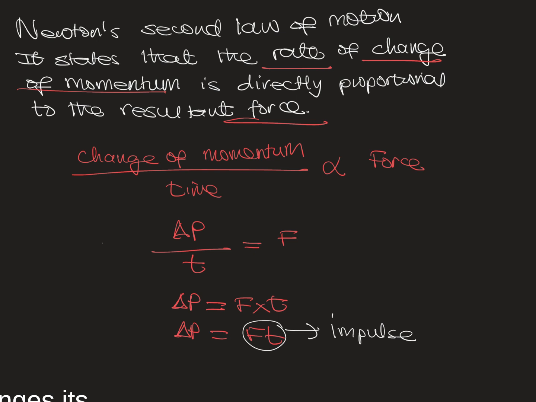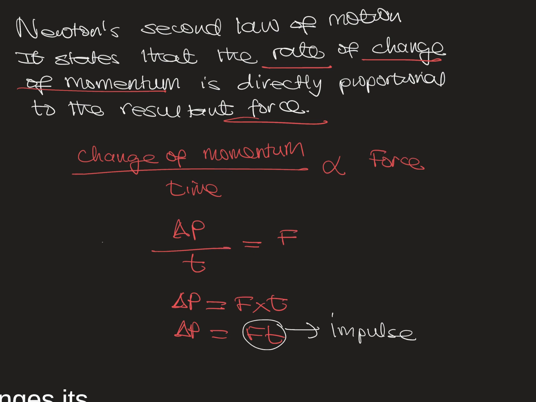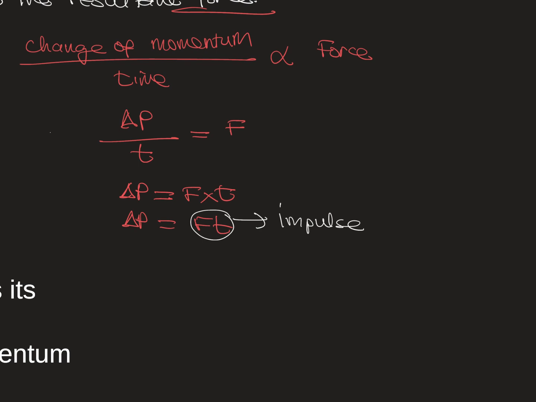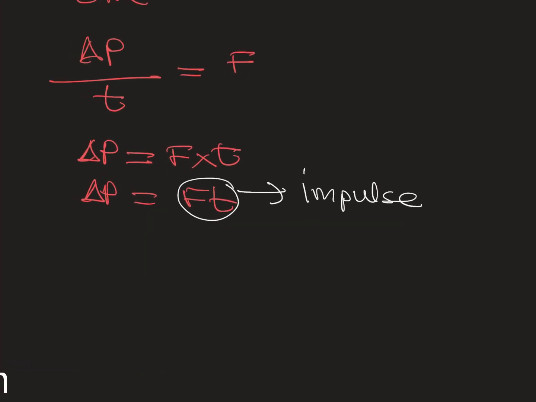So you can see that impulse and change in momentum are equal. They are the same. All right, so we talked about earlier that the unit of momentum can be kilogram meters per second or Newton seconds, and we stated that the momentum and impulse have the same unit and the same dimension.